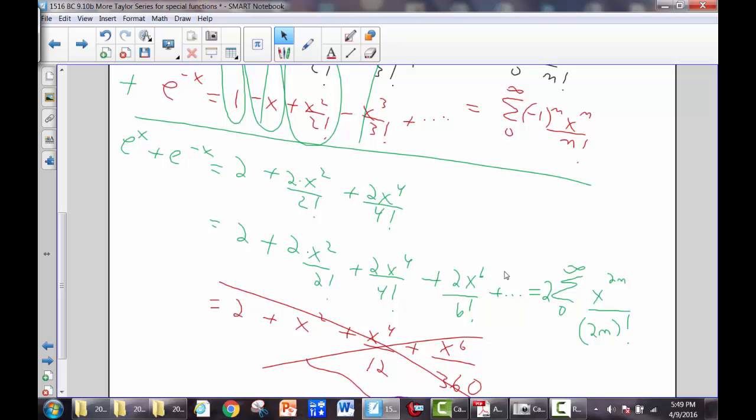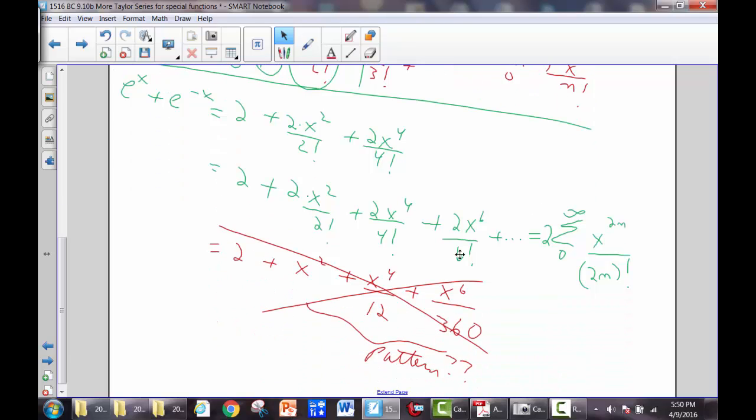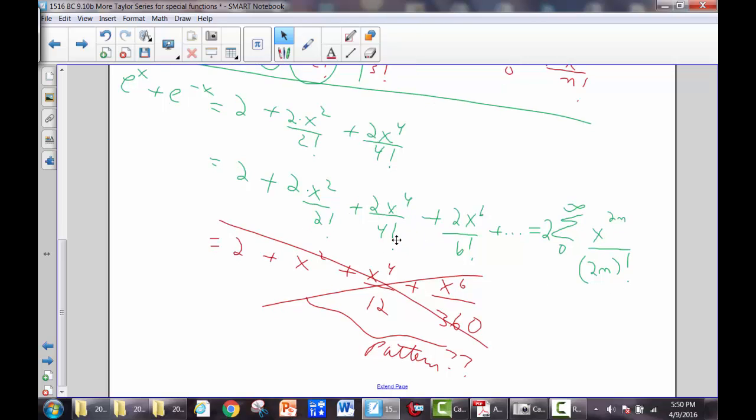And therefore, now, you can get this one by observation. Don't try and add these two together. That's a little too complicated. At this point, look at this and go, oh, look, x to the 0, x to the 2, x to the 4. So it's x to an even. There's a 2 in front of each one. Pull that on the outside. 0 factorial, 2 factorial, 4 factorial, even factorial.